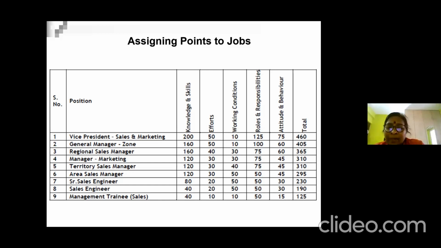For example, simple: instead of Vice President Sales and Marketing, think this is Vice President HR with 460, and then you have this General Manager HR with 440. That means your General Manager HR is almost doing a lot of work equivalent to Vice President HR. So I might as well give him a little more and knock off this position. Can I do that?